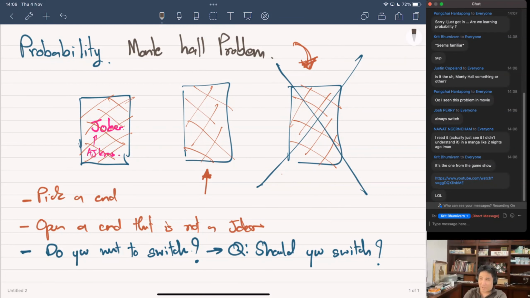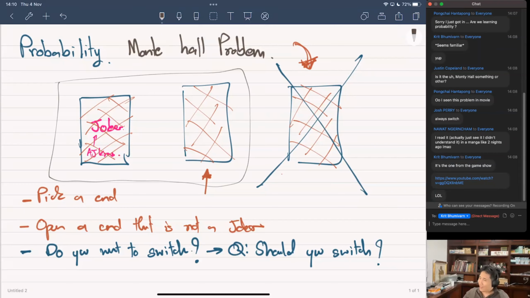Okay, but the question is, should you switch? So let's listen to all the arguments. What do you think the probability of getting it right is if you switch and not switch? The first argument, let's hear me out. The first argument is, wait, if you are here already, there are two choices, right?